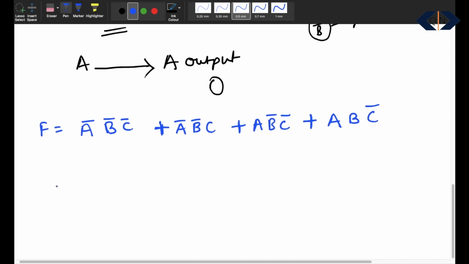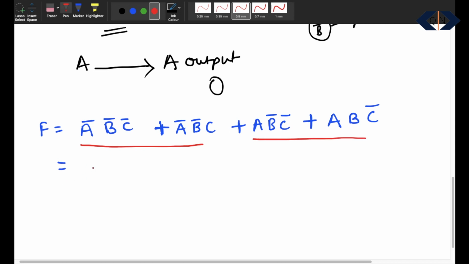So now let's simplify it. If you see, can you see something common here? Can we apply distributive properties here and here?